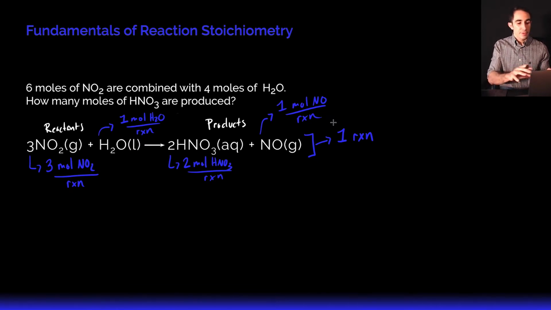And so if we depart from this chemical reaction, we go actually up to the question that we're asking here. These values, the 6 moles of NO2 and the 4 moles of H2O, are incredibly important to quantify and understand, because those numbers that you actually put into the reaction system can literally be any positive number under the sun. They can be whatever you want.